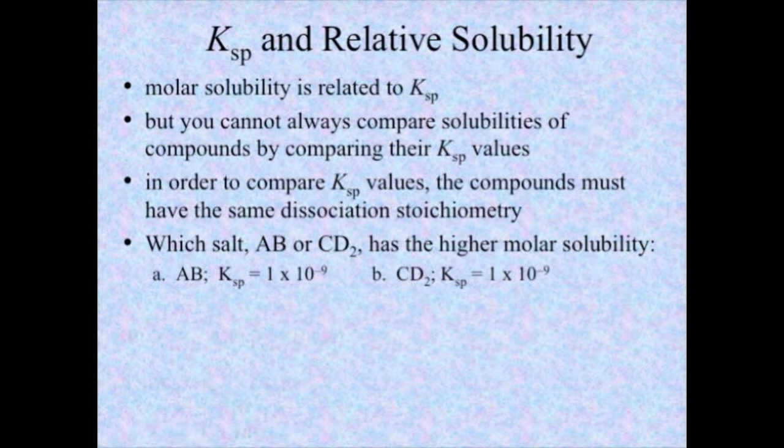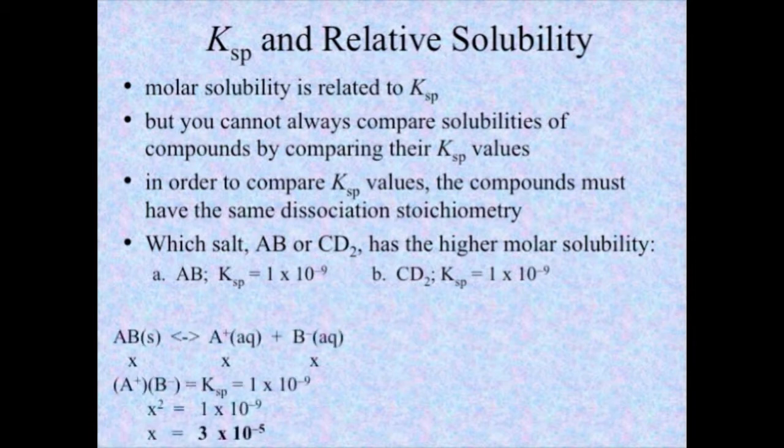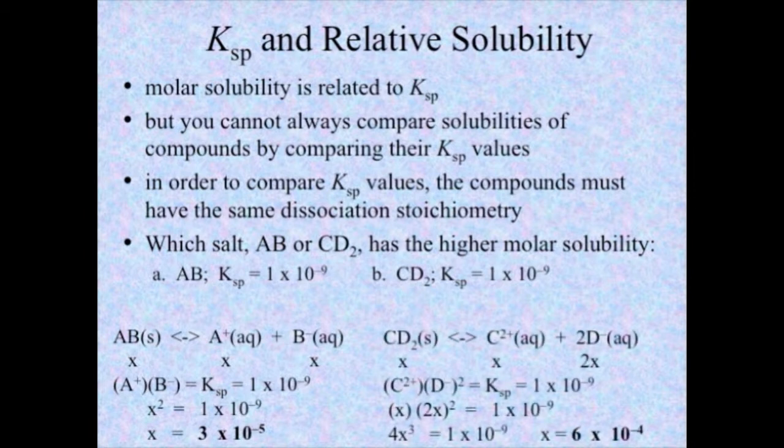So for AB, the amount of AB that dissolves at equilibrium we call X, and therefore A plus will be X and B minus will be X, or X squared equals 1 times 10 to the minus 9, or X equals 3 times 10 to the minus 5. Now let's look at CD2.